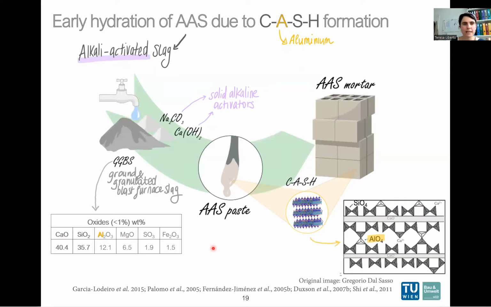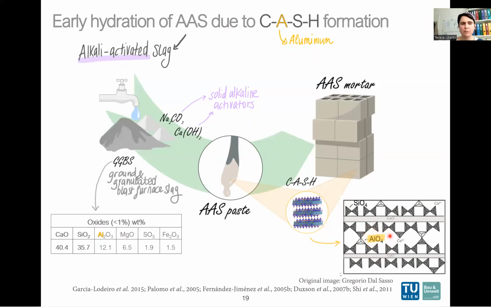So, as I said, when we mix everything together with water, we have an alkali activated slag paste, which is formed like in OPC by dissolving and reprecipitating some hydration phases called CASH, which is a CSH with aluminum oxide in the middle.